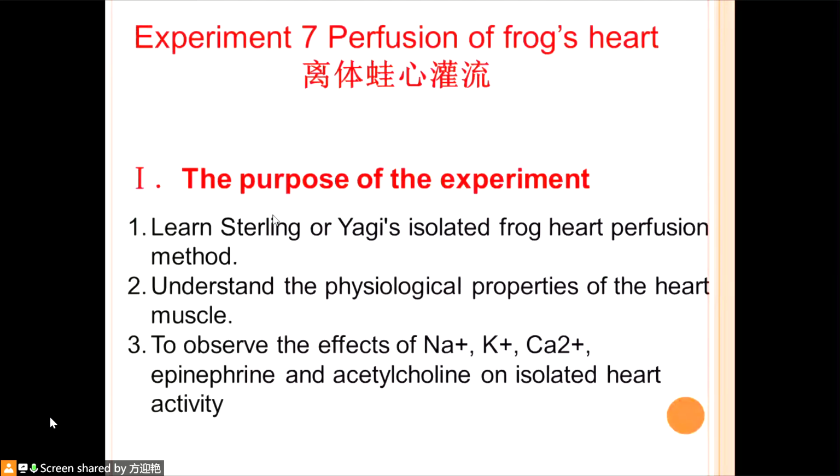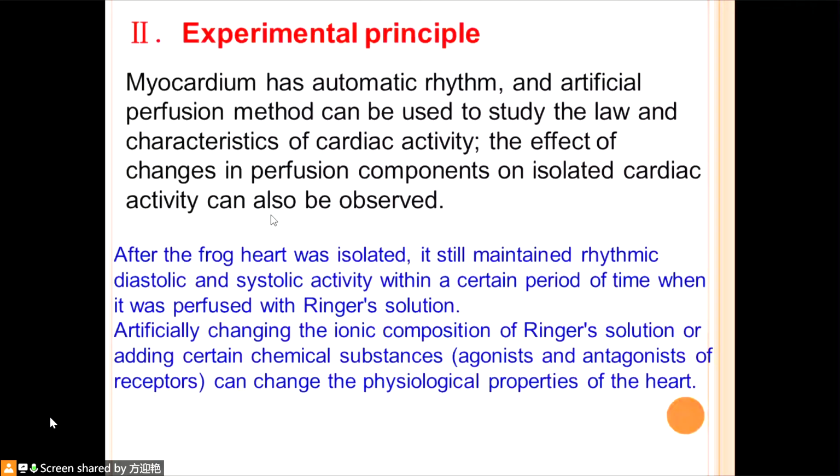The experimental principle is that myocardium has automatic rhythm. Smooth muscle also has automatic rhythm, but a lower one, while myocardium has a higher ability of automatic rhythm.